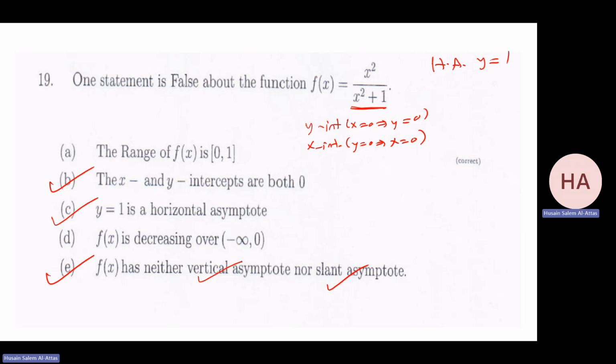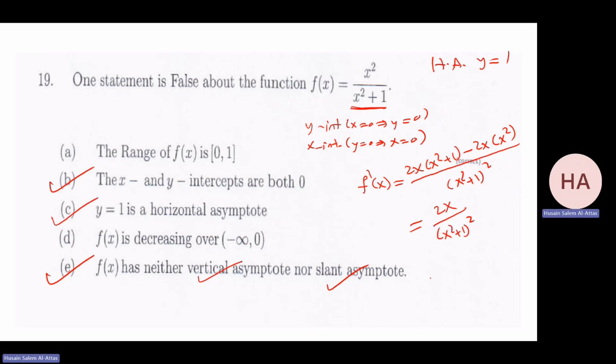Now, is f(x) decreasing over minus infinity to 0? I need to check f prime. What will be f prime? It will be 2x times x squared plus 1 minus 2x times x squared, over x squared plus 1 squared. And that is 2x cubed plus 2x minus 2x cubed, which is 2x over x squared plus 1 squared.